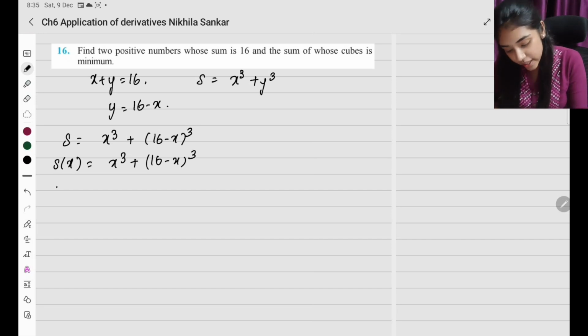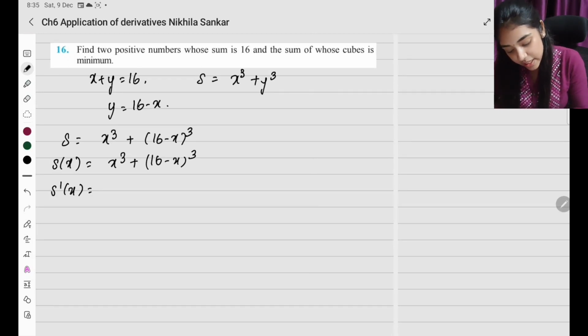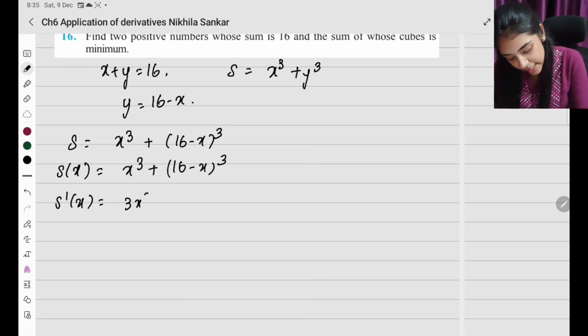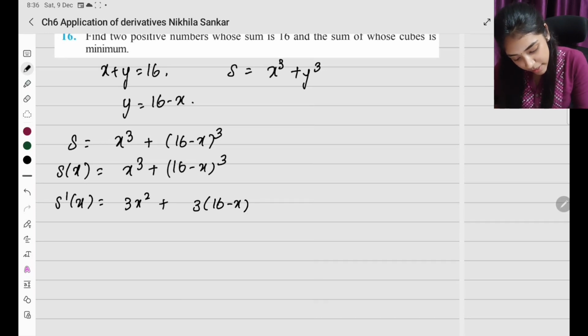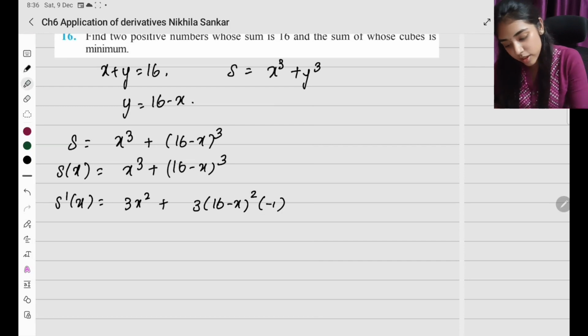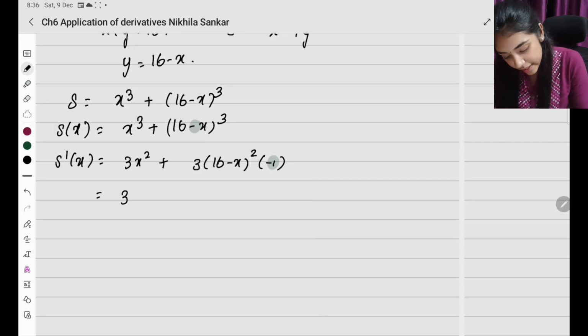When I differentiate, I have S dash of x equals 3x square plus, when I differentiate this term, 3 times 16 minus x the whole square times minus 1. Remember the coefficient of x is a minus, so minus 1. So I have 3x square minus 3 into 16 minus x the whole square.